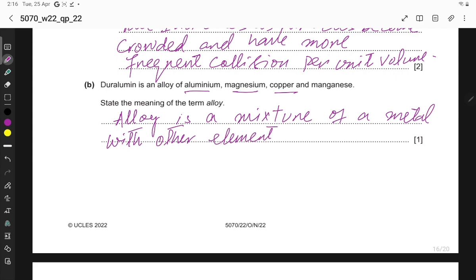We write element because in addition to metal there can be non-metal as well, because stainless steel is an alloy which is a mixture of iron and carbon. So that's why it is better to write that it is a mixture of metal with other element.